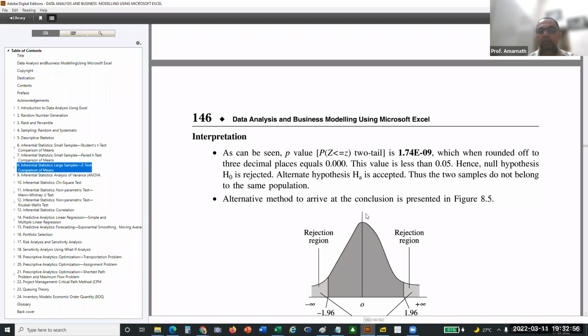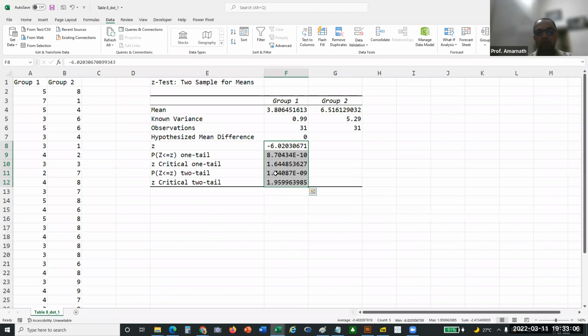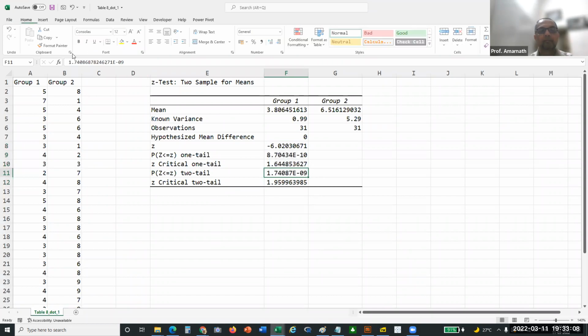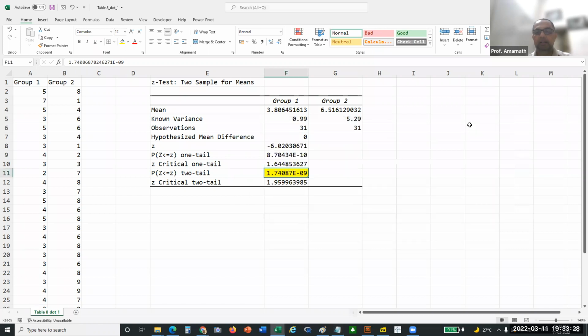As can be seen, the p-value two-tail is 1.74 times ten to the power of a small negative number, definitely less than 0.05.